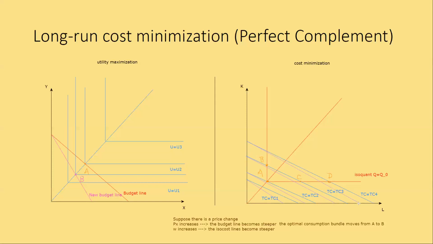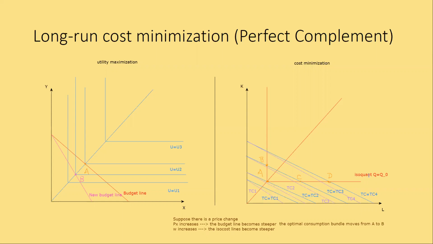So this is what happens when the wage rate increases. And this is the new TC1, TC2, that is purple, TC3, that is purple, TC4.